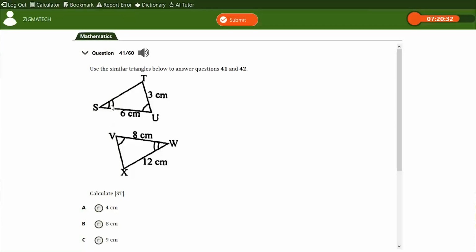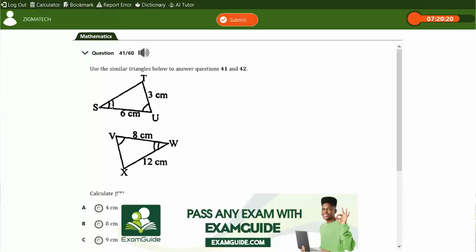For example, you see an angle here. Just follow your screen, follow the position of my cursor, okay? You see this angle S, where you have two double line, right? Double line here, or double arc, right?